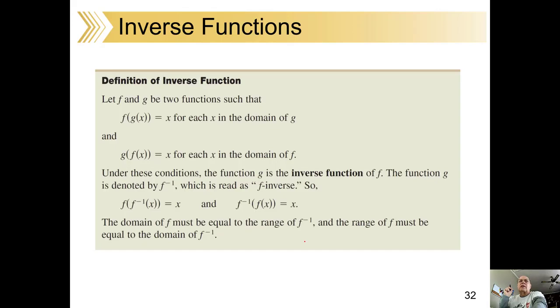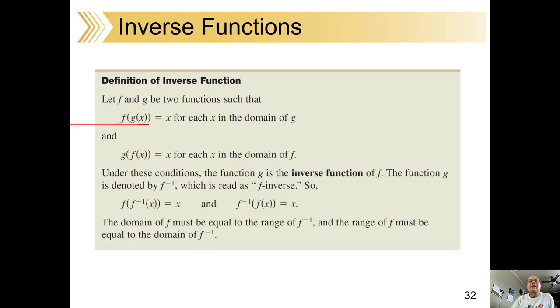Inverse function. Now we just talked about the composition of functions, and we saw that this means you take a number, give it to the g function, the result is given to the f function.